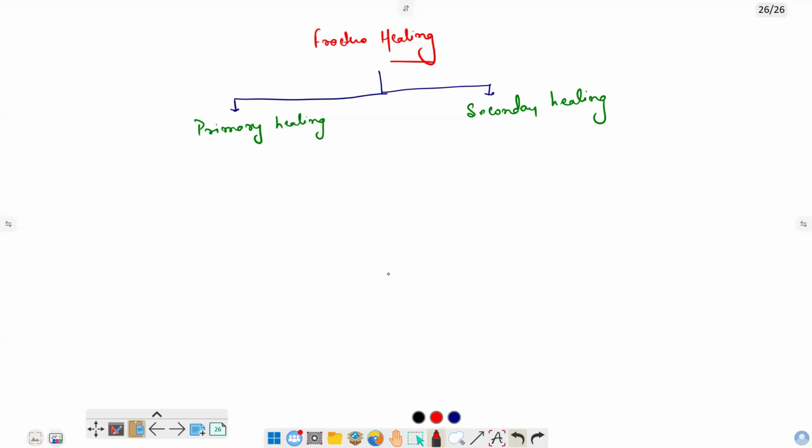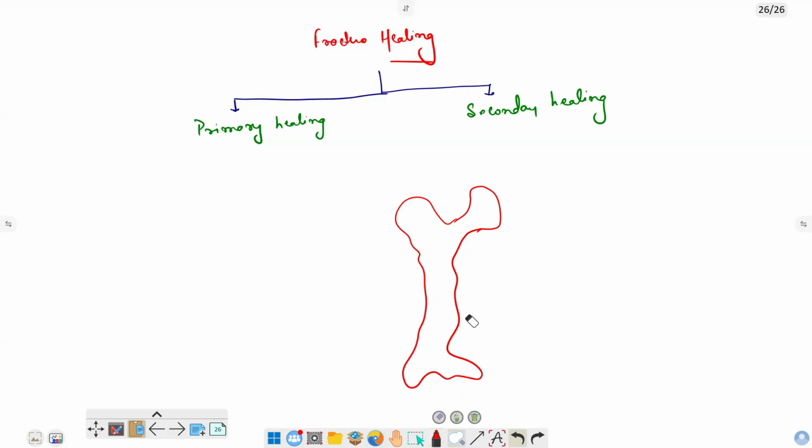For example, if this is the bone, and in this bone we have the fractured fragments and the fractured area.